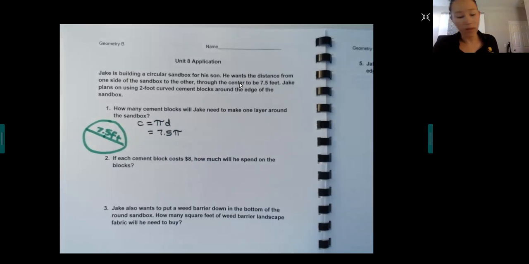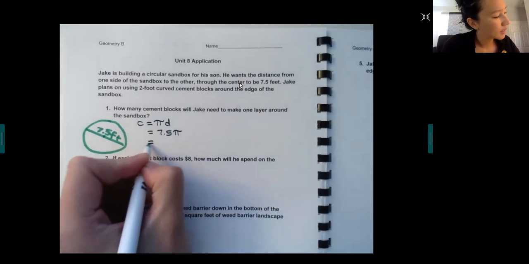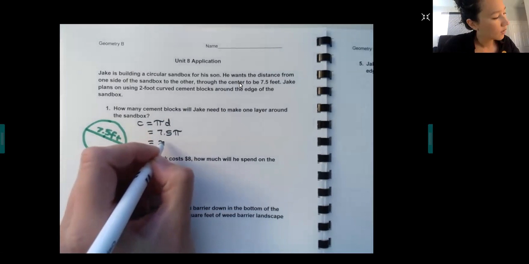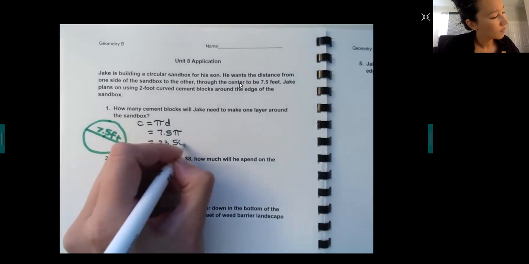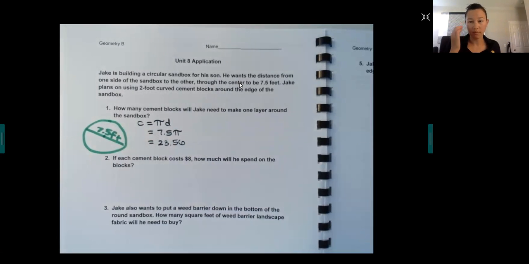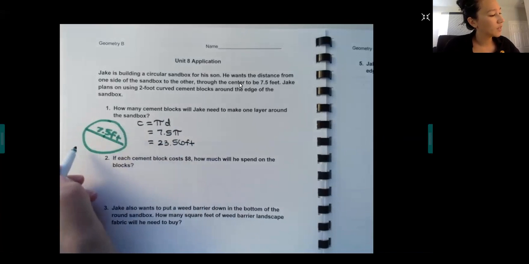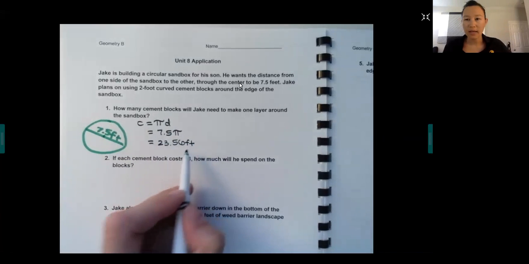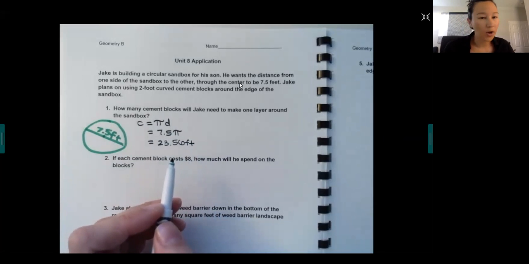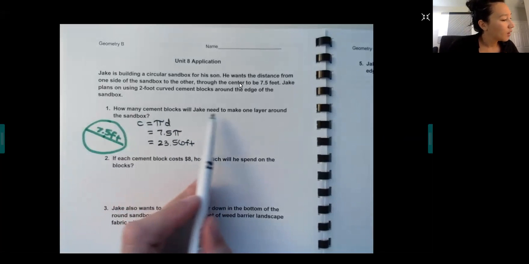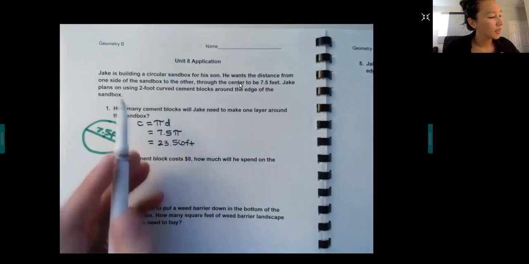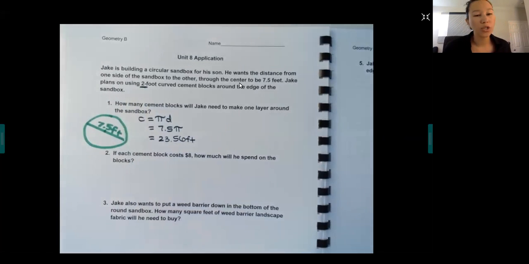Which is 23.56. So then we know the distance around the outside is 23.56, but we're not quite done yet. We need to know how many blocks he needs. We know that they're each 2 feet.